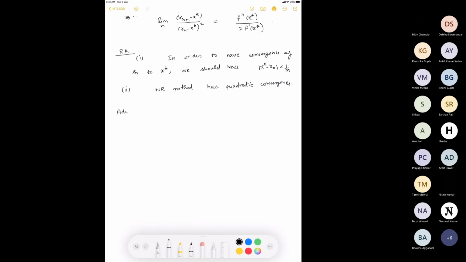The advantage is that when this Newton-Raphson method converges, it converges quite rapidly, which is an advantage over the bisection method.